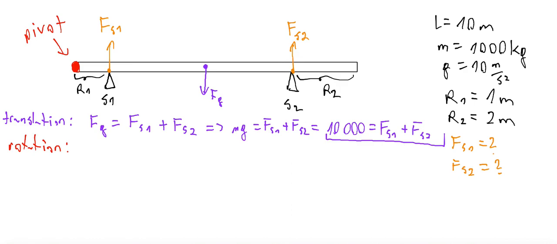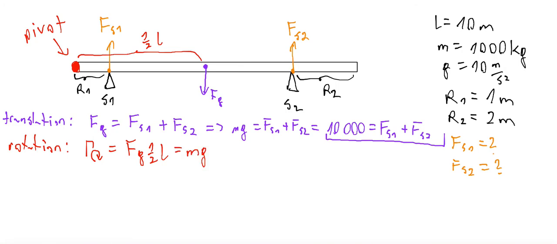The moment which acts due to the pivot in the clockwise direction is made by the gravitational force, which makes 90 degrees with the rod and is at a distance of half of L, because the center of mass of a uniform rod is at half of its length.